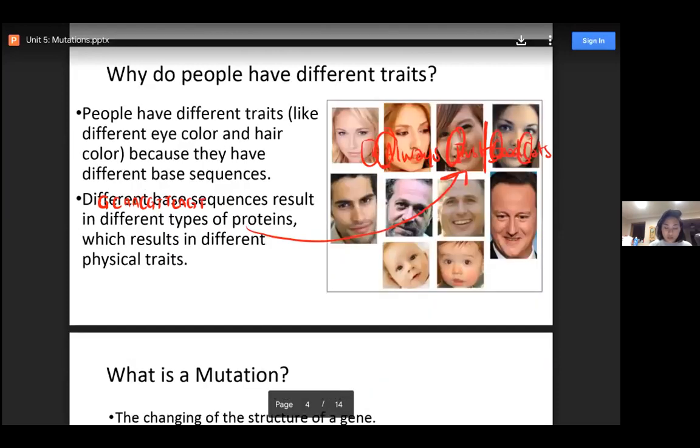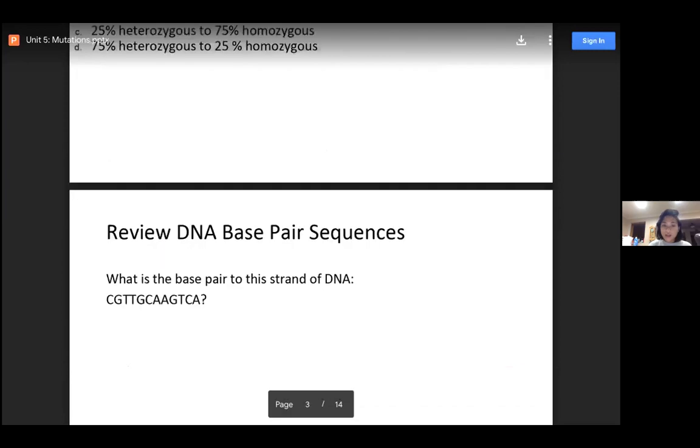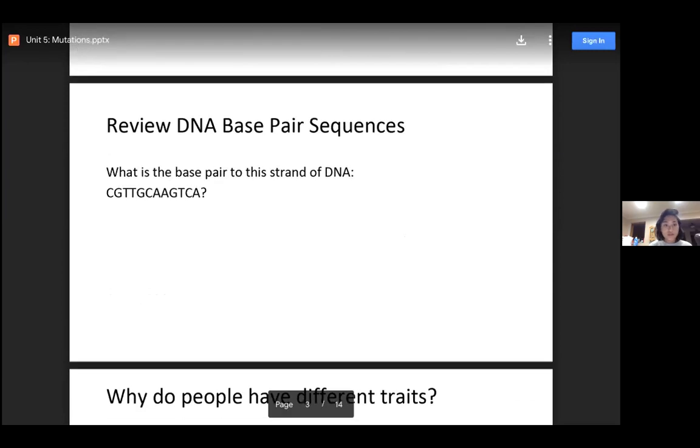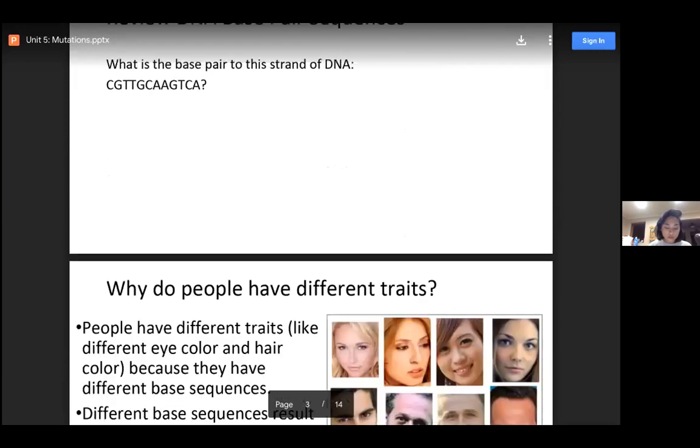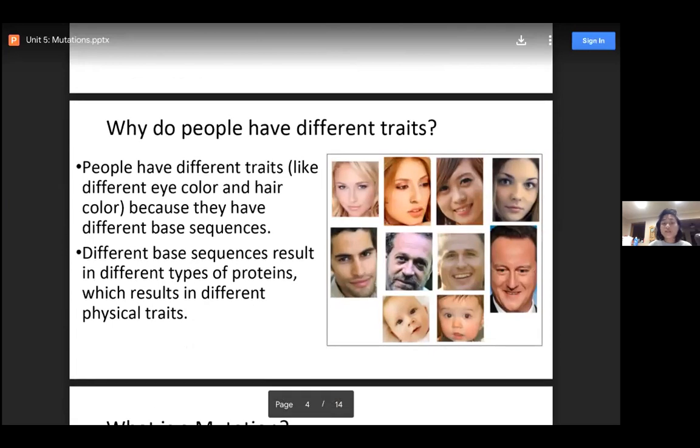All right, so why do people have different traits? We all look very different, right? That's because people have very different base sequences. Their DNA looks very, very different from the next person. Different base sequences result in different types of proteins, which result in different types of physical traits.